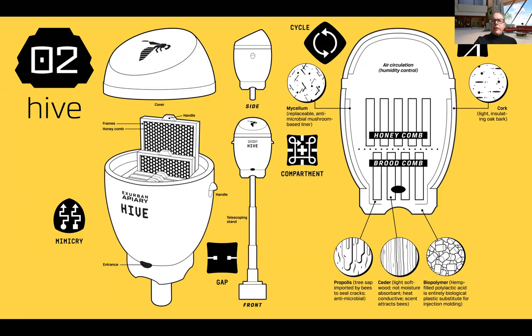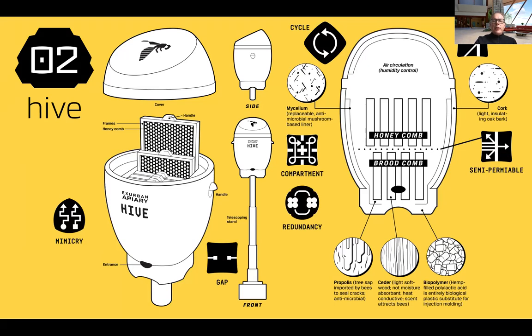And it has different compartments to facilitate different activities, so the queen isn't able to move beyond a particular barrier. There's redundancy, so there's extra honey in the system, so that if the hive goes through hard times, they have a surplus of resources.